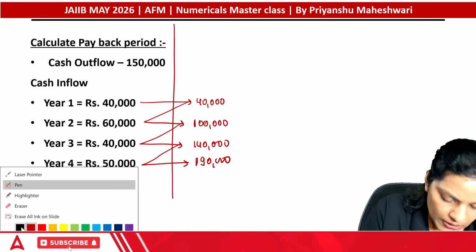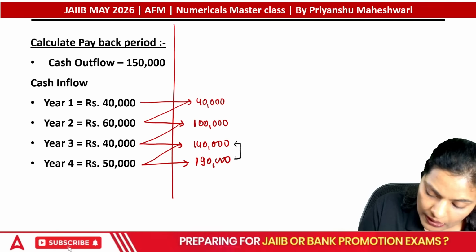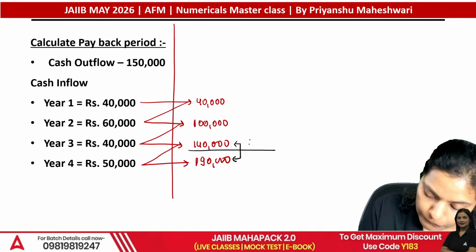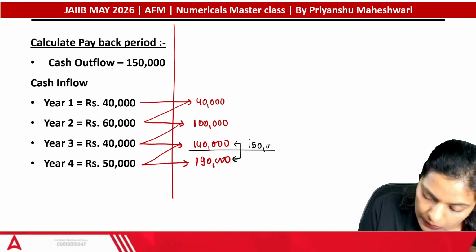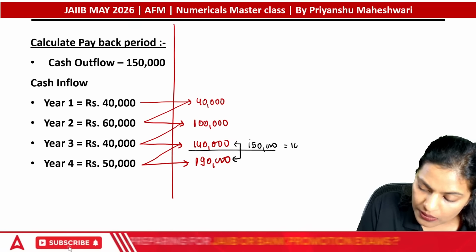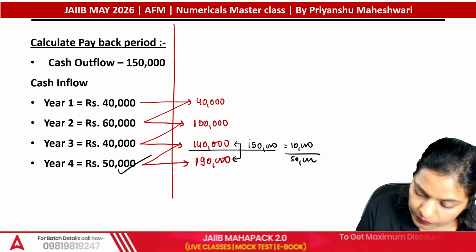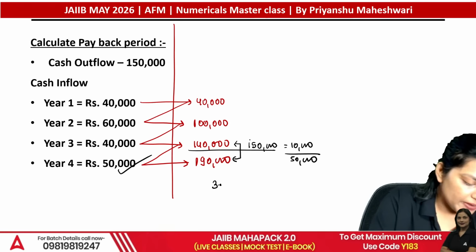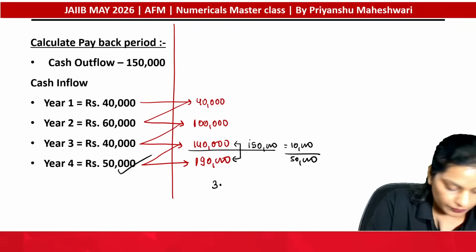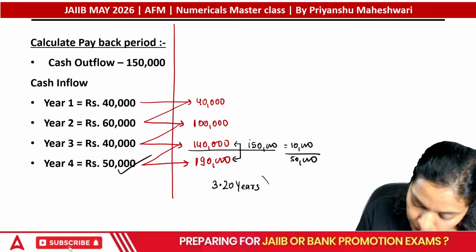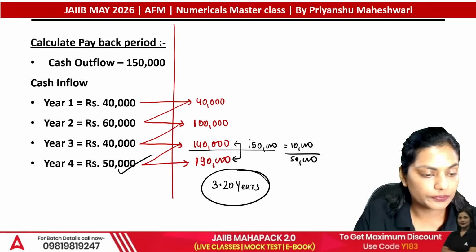Now, my outflow is how much? 1,50,000. So, somewhere it will land in this area. Correct. So, the difference is 10,000 that I will recover from the cash flow of next year. So, 3 point how many years? 3.2 years. Correct?